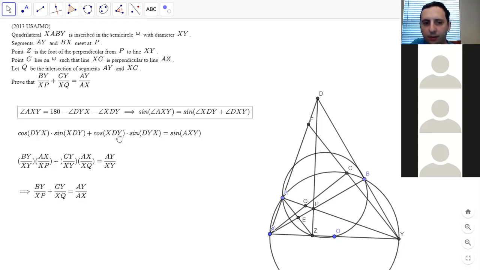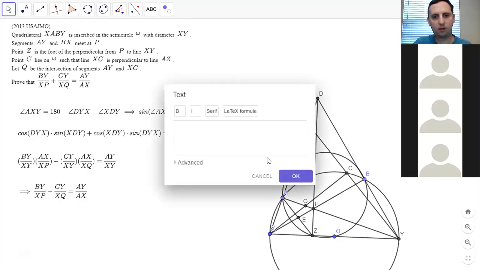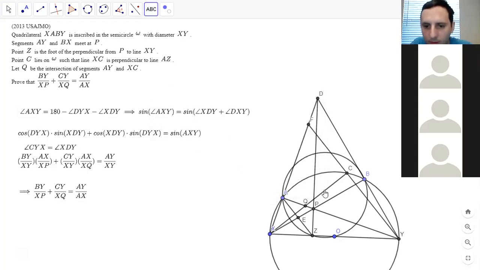Is XDY equal to CXY? I'm trying to figure out. So cos of XDY, we're saying it's cy over xy. So this angle, okay, we have angle CYX equals angle XDY, because CYX is 90 minus this, which is 90 minus this.